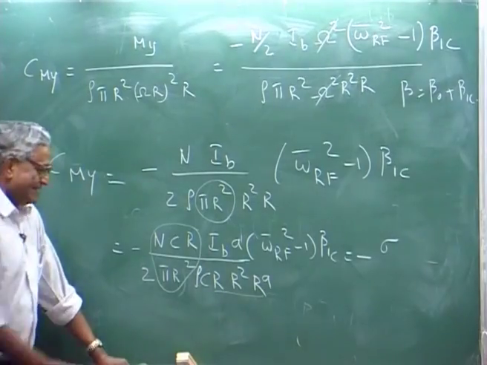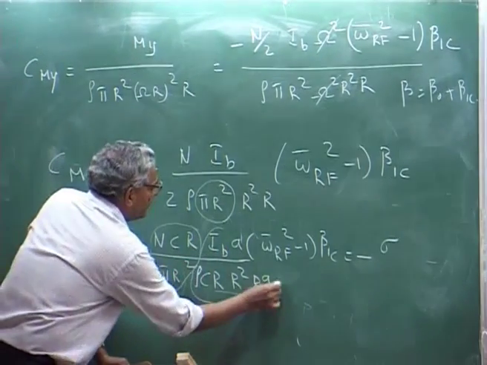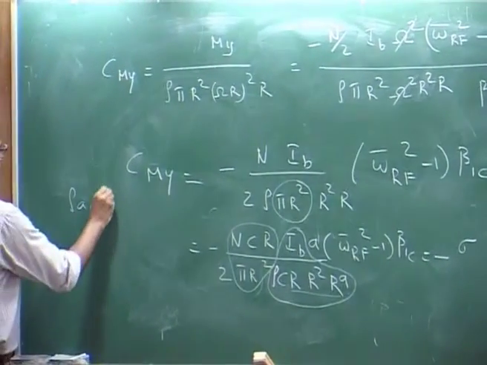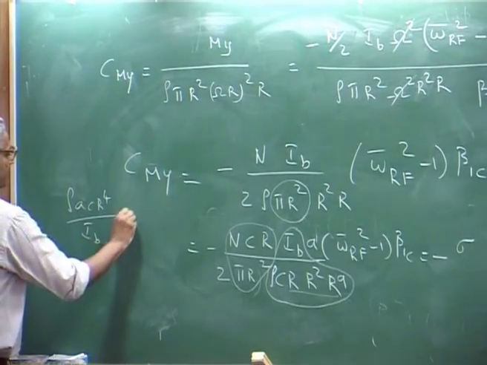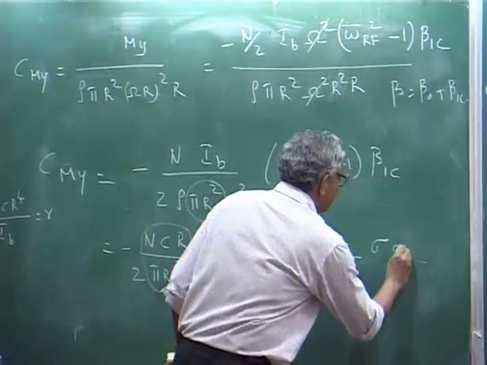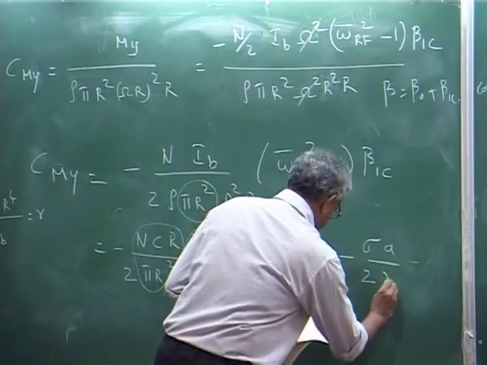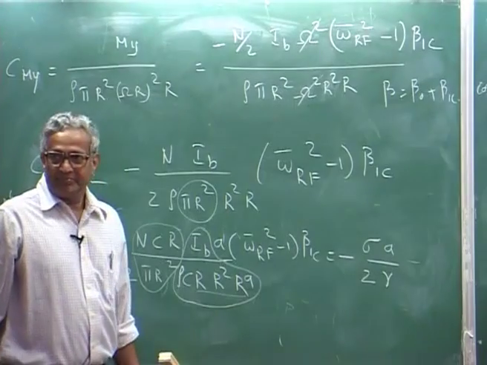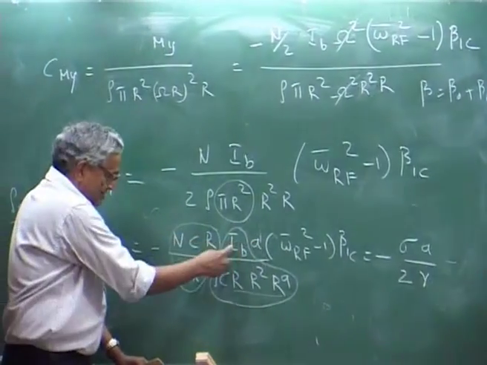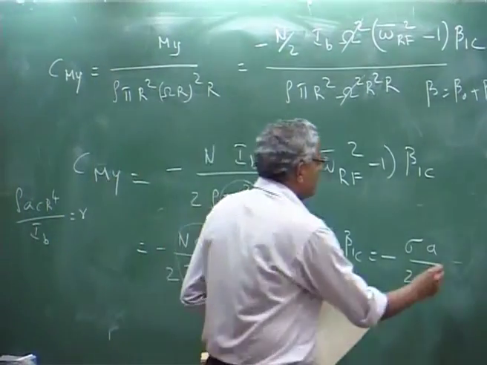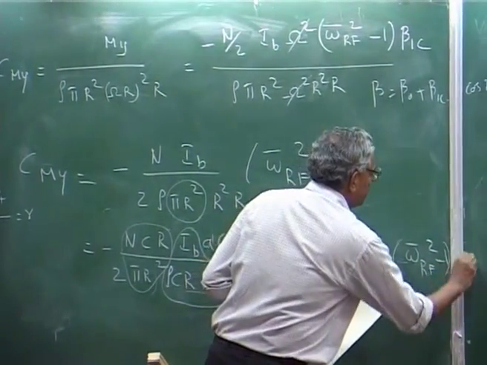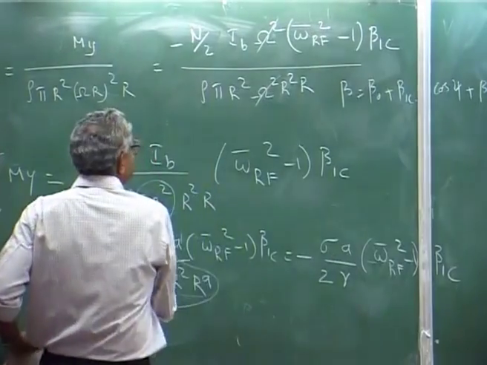Then this factor, rho a c R to the power 4 over I b, is gamma. So you will have minus sigma a over 2 gamma into omega bar R f square minus 1 beta 1c.